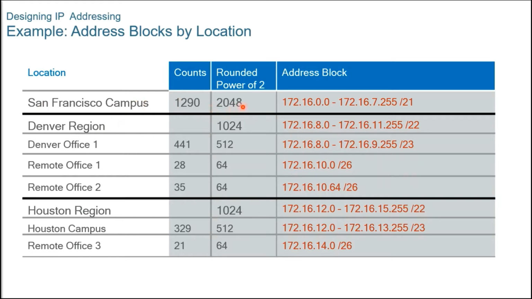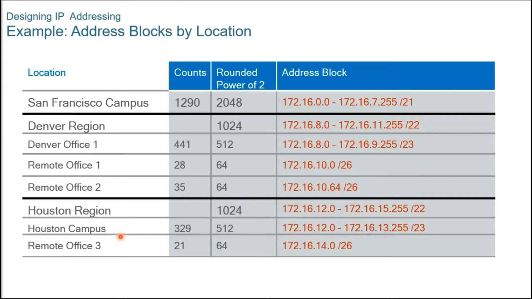So using the 172.16.0.0 address block, that is a Class B network. After careful planning for the redistribution of IP addresses, we have come up with this assignment of IP addresses per location.